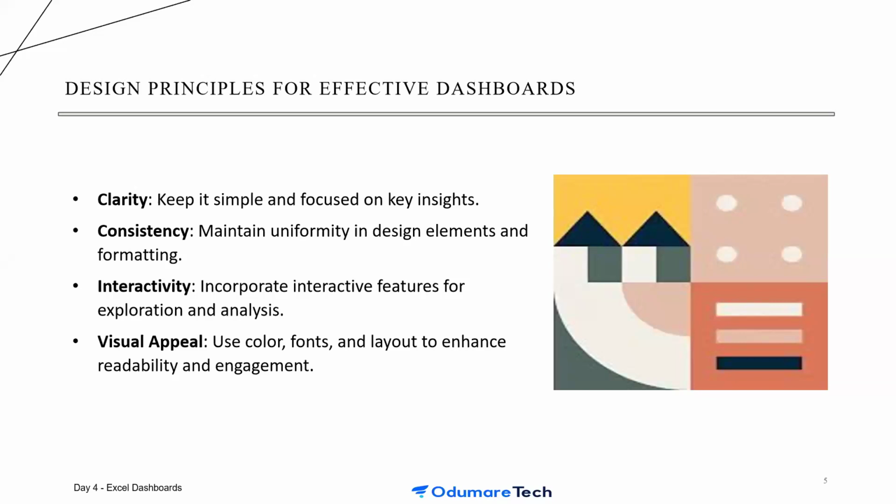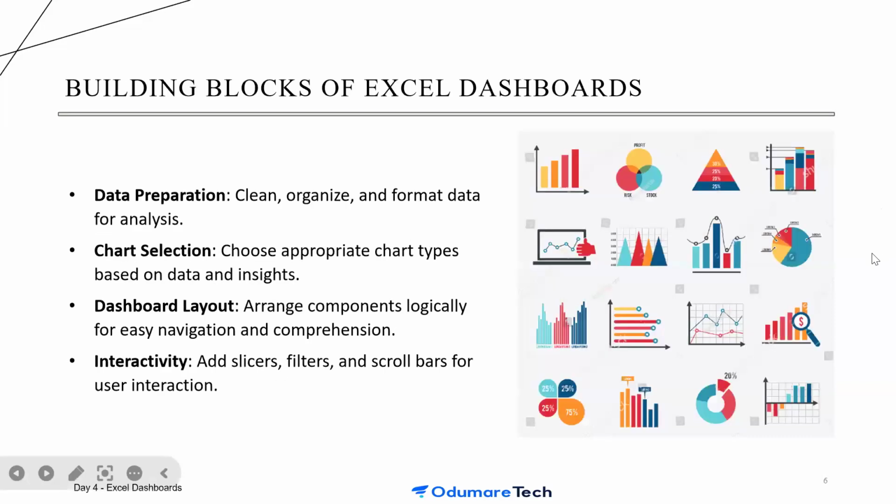Stakeholders who only understand the key terms you've used for each section of your dashboard could say, okay, if I'm interested in this and I click on this, I can see this. Make it interactive as much as you can. Visual appeal, that's another thing. Visual appeal includes the use of color, fonts, and layout to enhance readability and engagement, and so on and so forth. Please always keep this in mind.